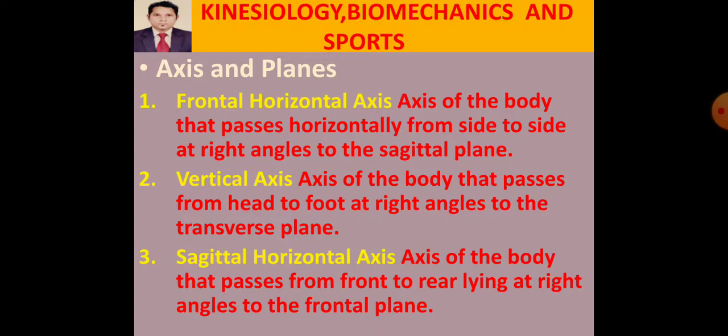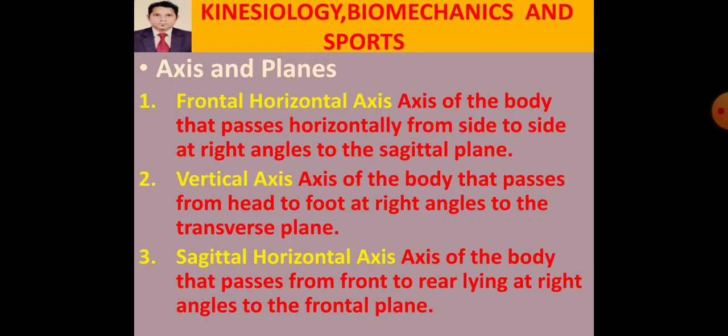Sagittal plane: a vertical plane of the body which passes from front to rear, dividing the body into two symmetrical halves. And planes are the imaginary flat surfaces along which movement takes place.